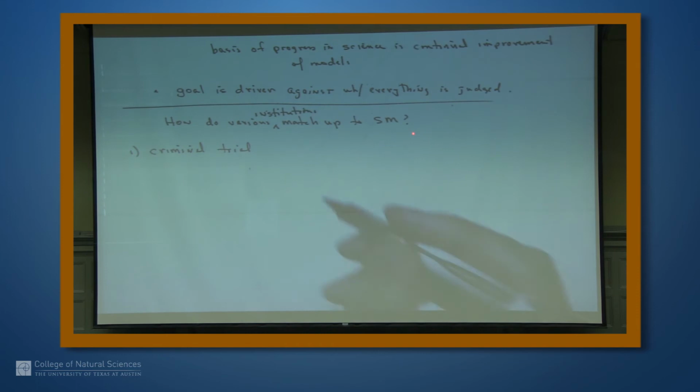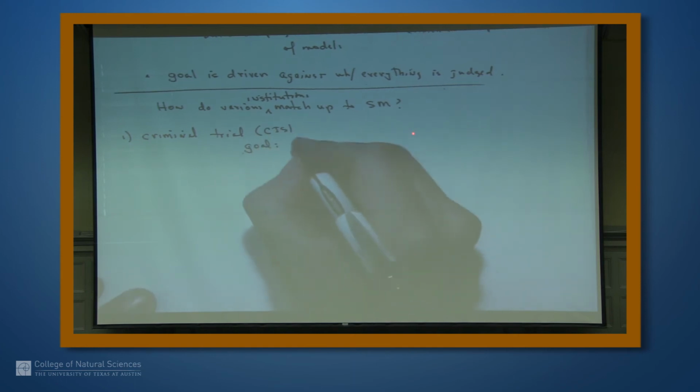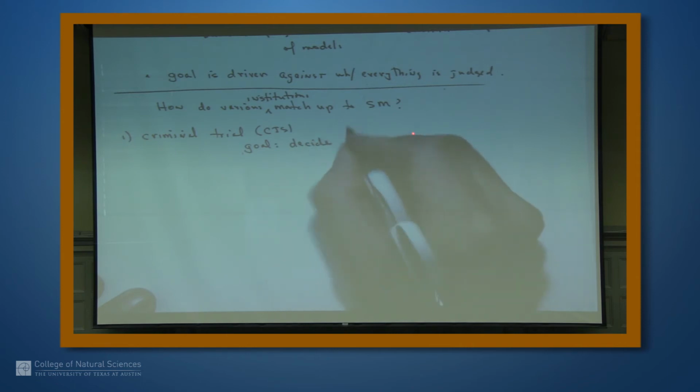And I will give you the goal. More broadly, we can consider the criminal justice system, but the goal of a trial is to decide accountability for a crime.